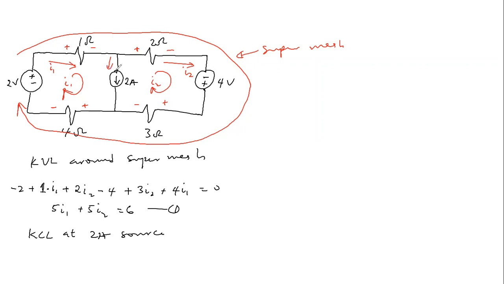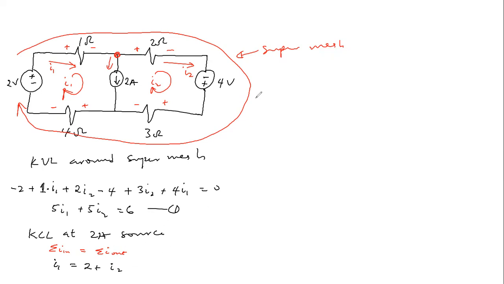So it means that at this point, I1 flows into this node while the 2 ampere current and I2 flow out. So by KCL, sum of current into the node is the same as sum of current out of the node. And that gives us I1 flows into the node. I1 is the same as 2 ampere flows out and I2, 2 plus I2.